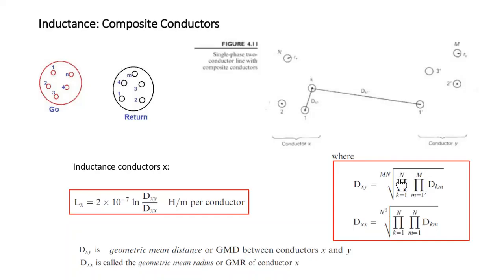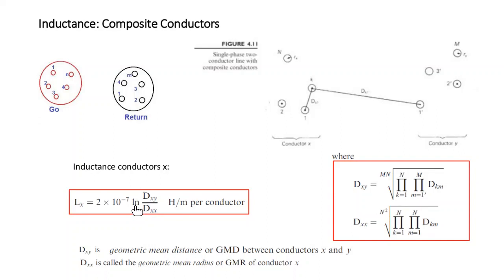We multiply by the distance between each conductor and x, so we call it Dxy instead of just d. Remember that when we worked on a single phase solid cylindrical conductor, we used just the distance d. Here we have the geometric mean distance, Dxy, over the radius, Dxx.